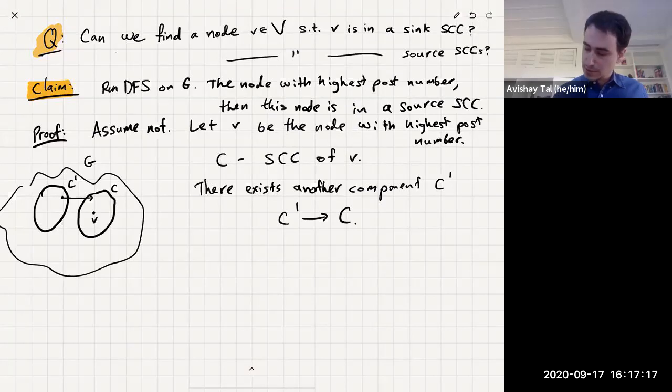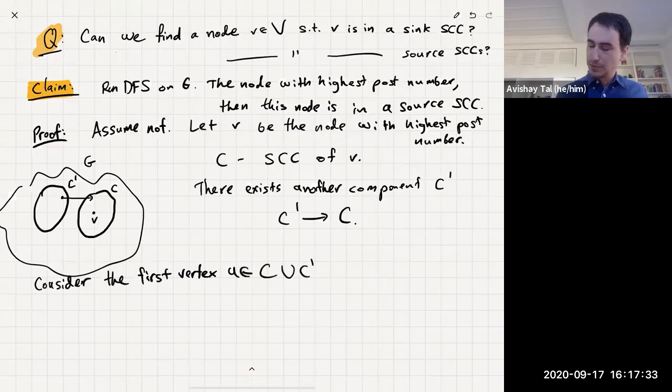Okay, so I want you to consider the first vertex U in the union of these two connected components that is explored by DFS.